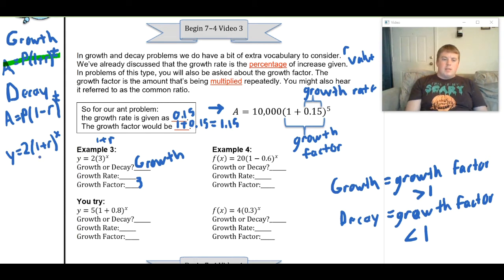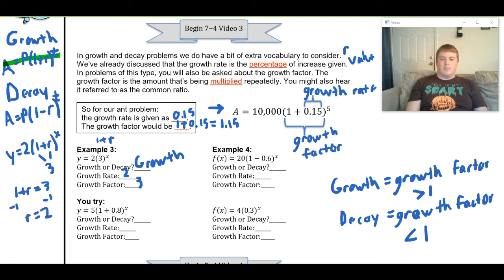But we have already simplified it so that the 1 plus r was 3. So to figure out the growth rate, we have to think, what do we add to 1 to give us 3? The obvious answer should be 2, so that's going to be our growth rate. But in case it wasn't so easy to discover, all you would have to do is set the 1 plus r on the inside equal to 3 and solve the simple equation. We would subtract 1 from both sides and we would get r is equal to 2, the same thing as our growth rate.